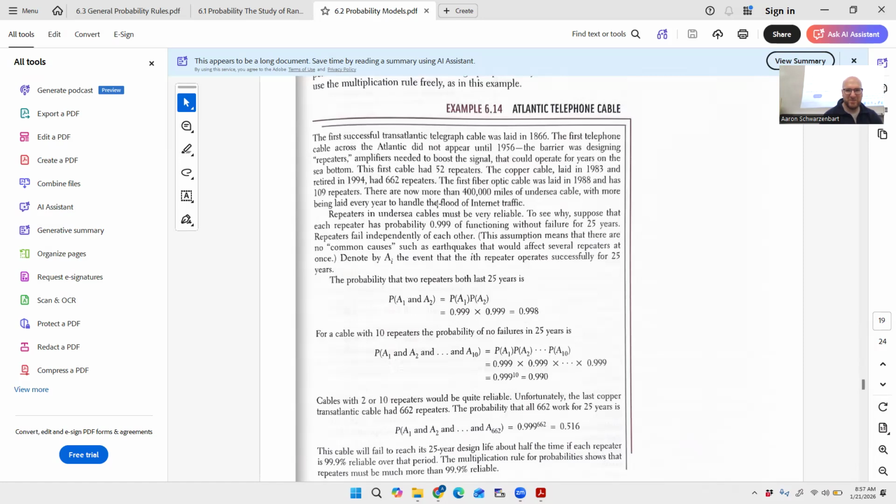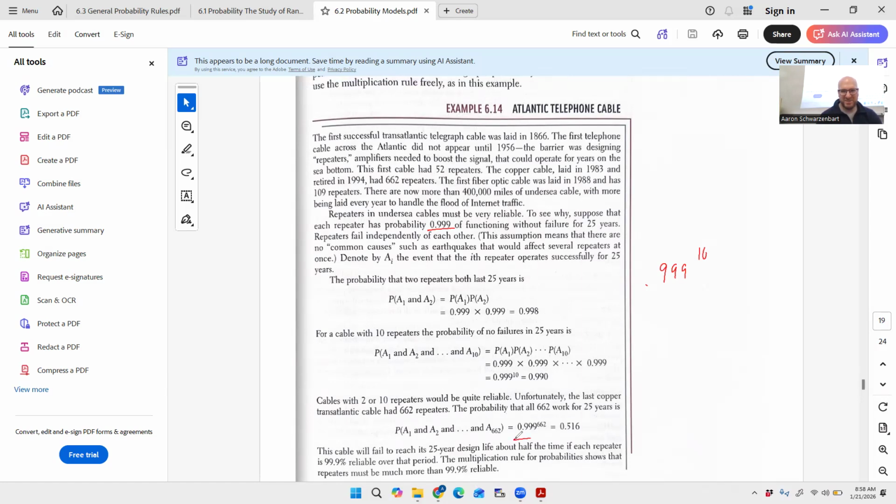Repeaters are very reliable. Suppose we have a repeater with probability of 0.999, 99.9%, that each repeater will work for 25 years without failure. So, what's the probability that your cable lasts 25 years? Well, with 10 repeaters, it's 0.999 to the 10th.